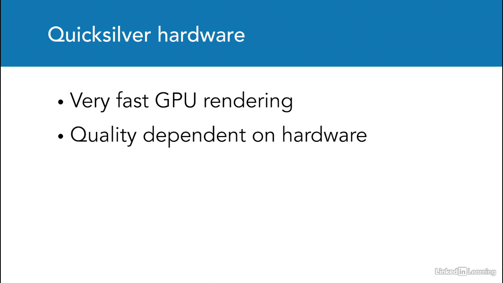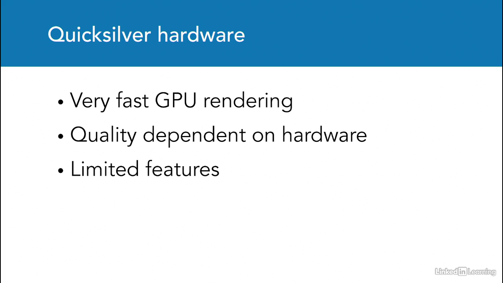The rendering quality is somewhat dependent upon the quality of your video hardware. If you've got a lot of video RAM and a more recent and faster GPU, you'll be able to achieve better results. But still, Quicksilver has limitations. Like I said, it doesn't do global illumination, and in fact, it actually doesn't do ray tracing of any kind.